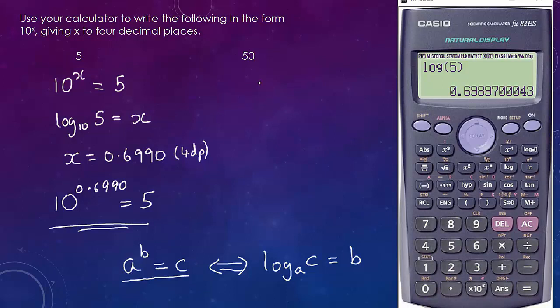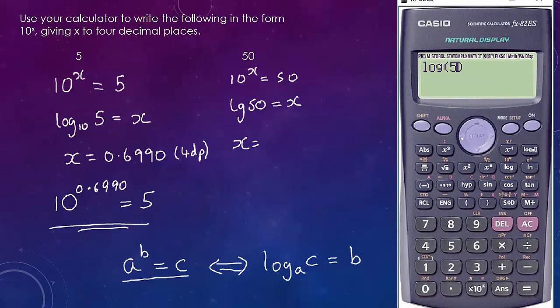Now we just want to do the same sort of thing for the 50 here. So we have 10 to the power x is equal to 50. Change that to an equivalent log statement. So I'm just going to write LG this time. So LG 50 is equal to x. And then we can calculate. And in fact, here what I'll do is I'll just go back and just edit that 5 into a 50.